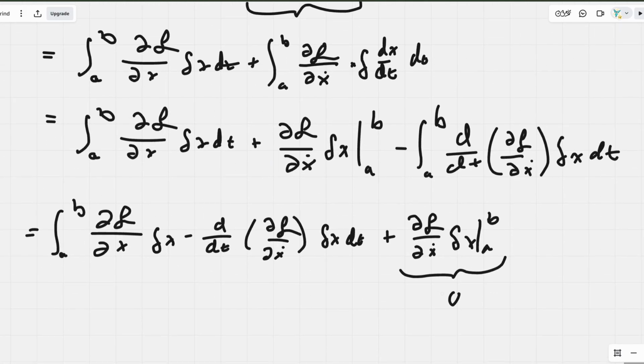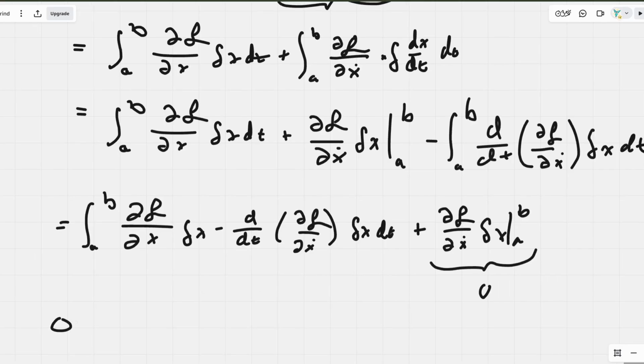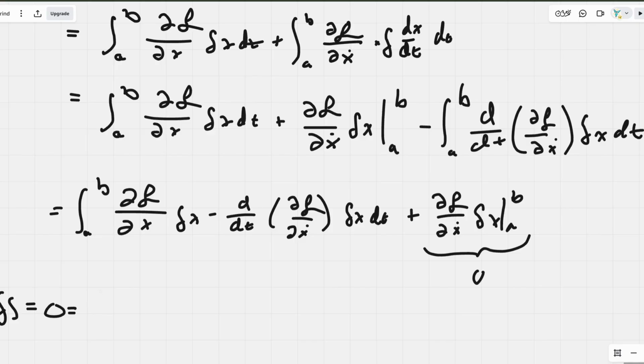This term is 0, and 0, which is the variance of the action equals 0, is this.